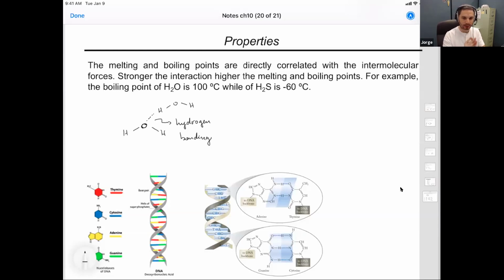Okay? Hydrogen bonding is a very strong intermolecular interaction and will keep the molecules closer.